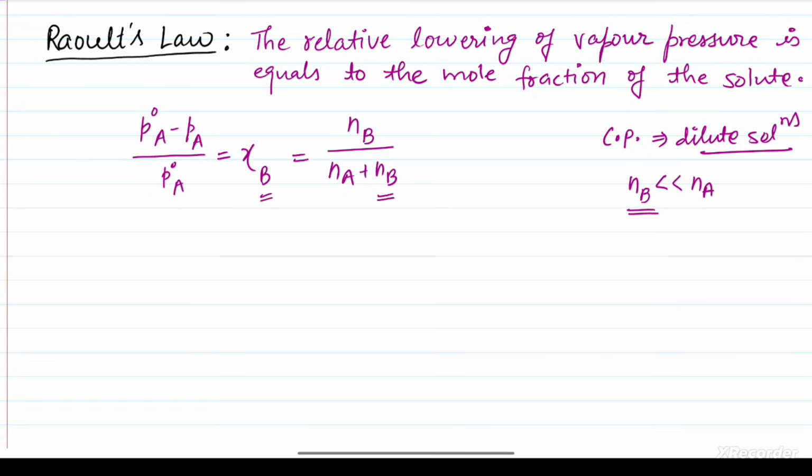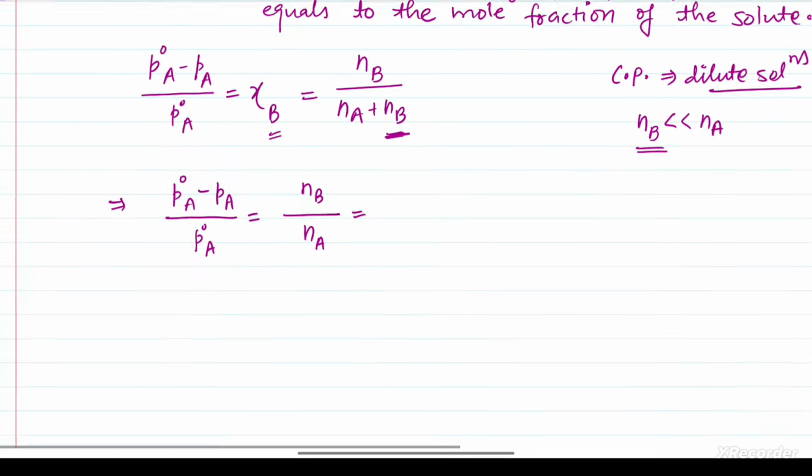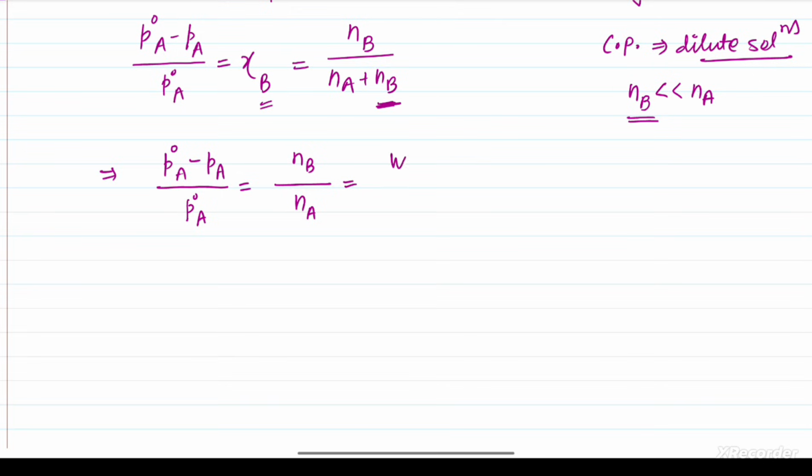So I can write the same expression again. This will be P naught A minus PA divided by P naught A is equal to, now I will write this Nb and eliminate Nb in the denominator, so I will write directly Na. Nb means number of moles of solute, so it can be written as Wb by Mb, weight of solute divided by molar mass of solute.